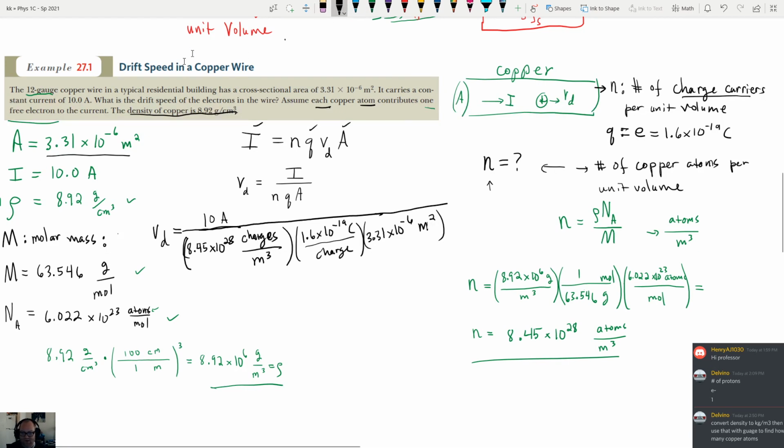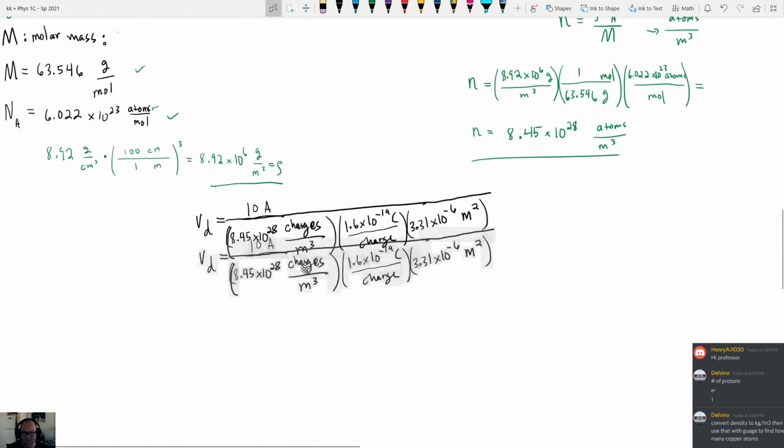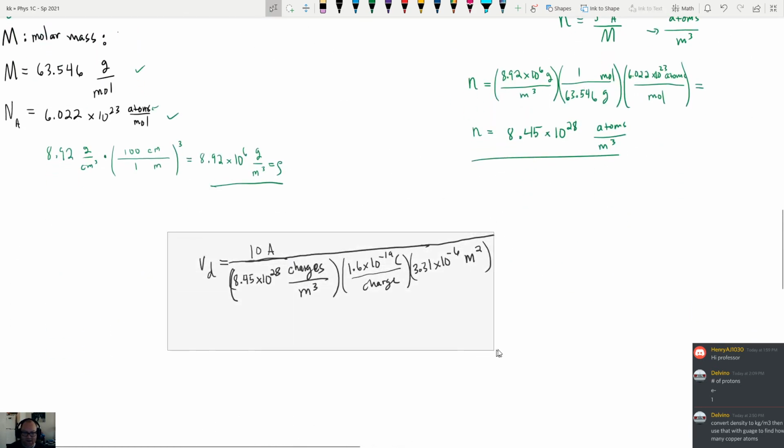Let me take this whole calculation and get it somewhere where we can actually see what we're doing. So that's the calculation. So what is that equal to? Like 2.2 millimeters a second. Is that the answer?